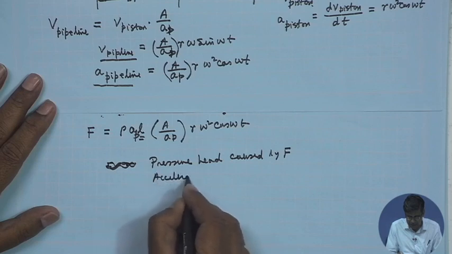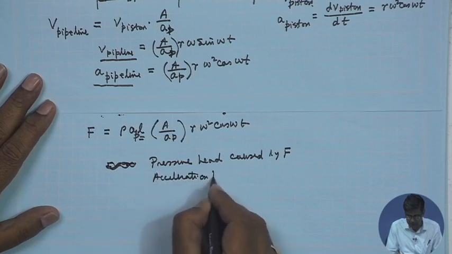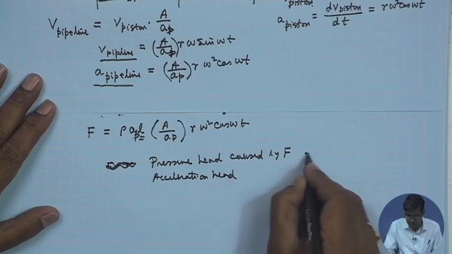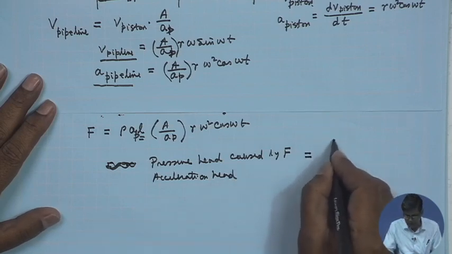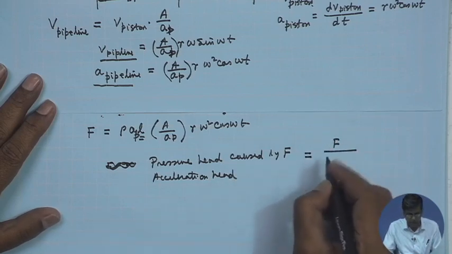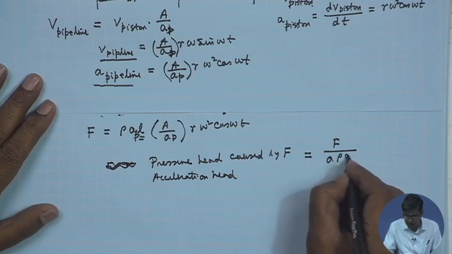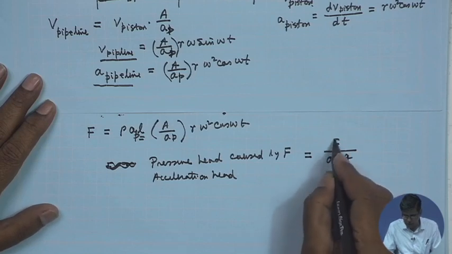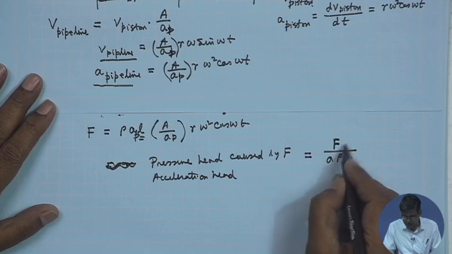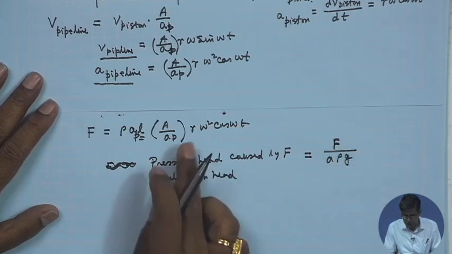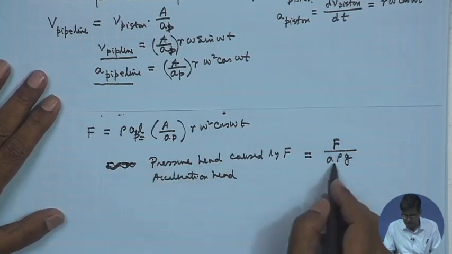It is this force divided by AP rho g, because force divided by area gives the acceleration pressure, divided by rho g.